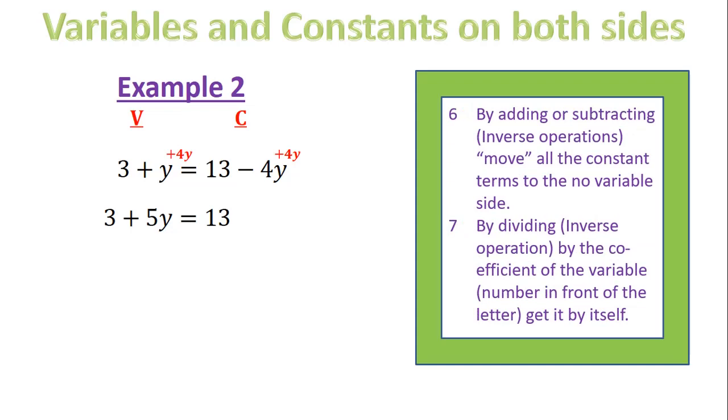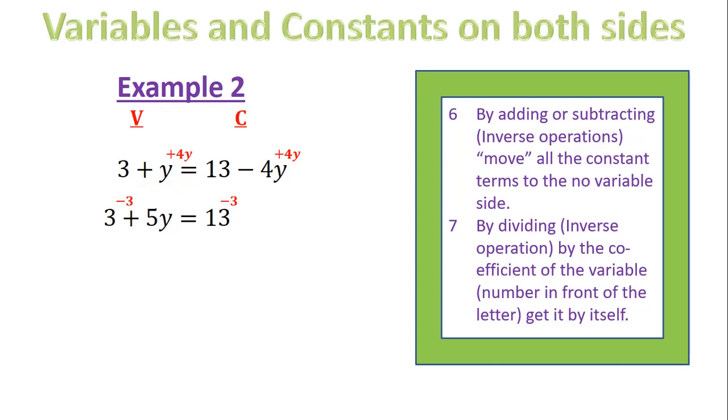Step 6, by adding or subtracting, move all the constant terms to the no variable side. In other words, we have to get rid of the 3 on the variable side and get it to the constant side. To do this, we use inverse operations. And so if I've got 3 and I want to get rid of it, I subtract 3 from both sides.